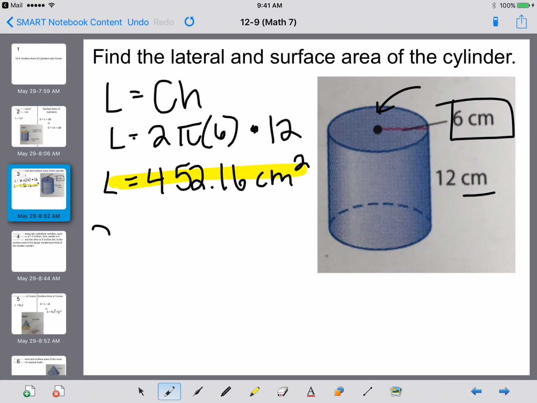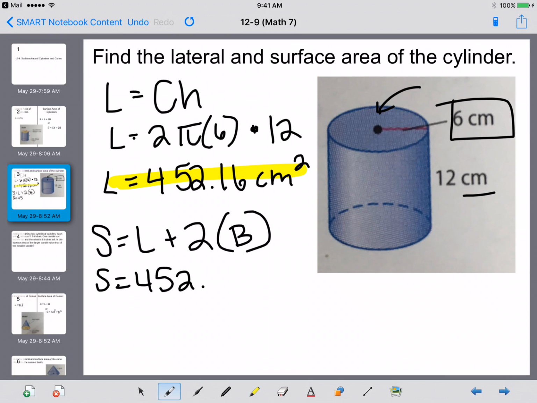Our surface area is our lateral plus 2 times whatever the area of our base is. So in this case, it'll be 452.16 plus 2 times our base, which would be pi times our radius of 6 squared.